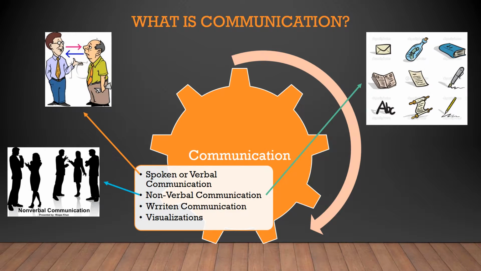Next is written communication, such as letters, emails, books, magazines, the internet, or via other media. And the last one is visualization, such as graphs and charts, maps, logos, and other visualizations that can communicate messages.